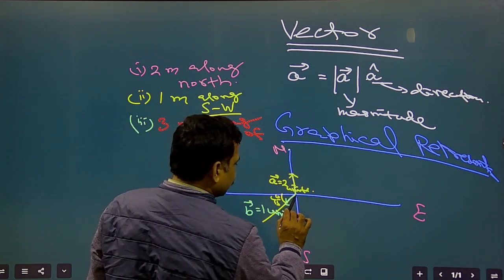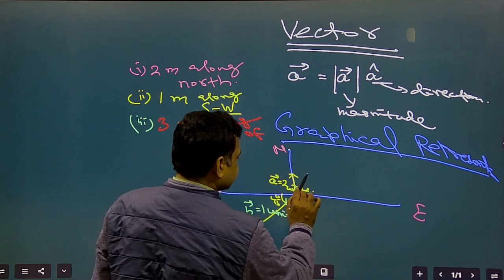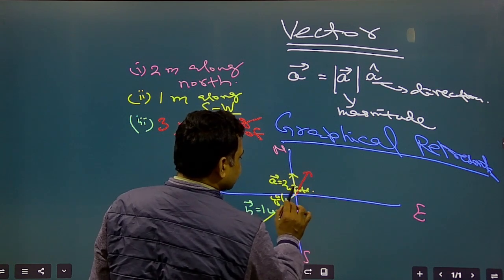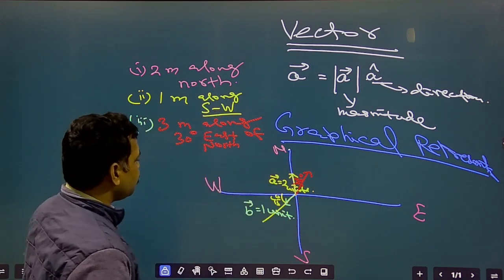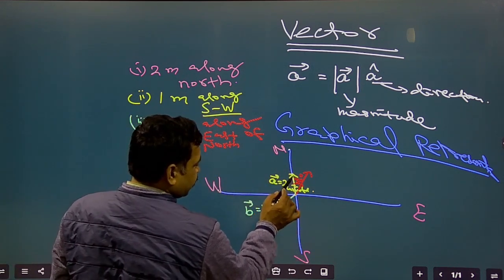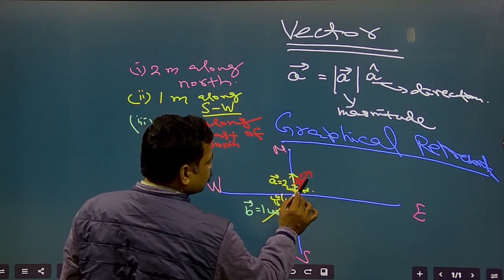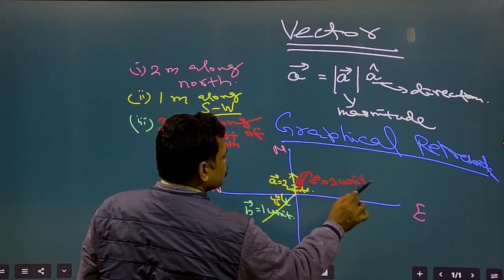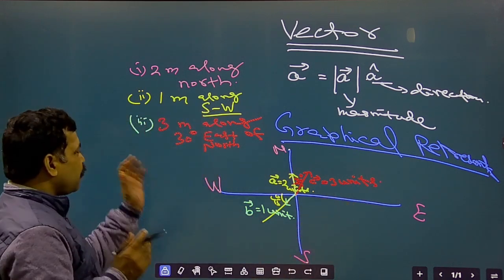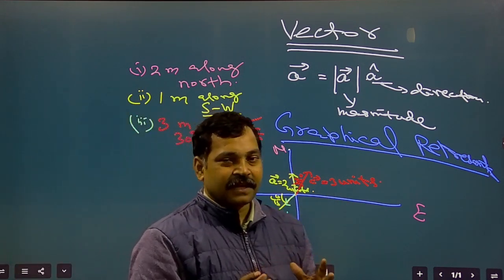So the direction will be like this. Understood? So this is 30 degree east of north. Now 3 meter: comparatively, if you see this is 2 meter, so this will be 3 meter. I can write this as a C vector and this is 3 units. So these are the different ways we can represent a vector.